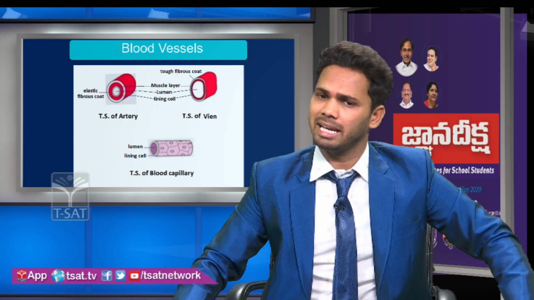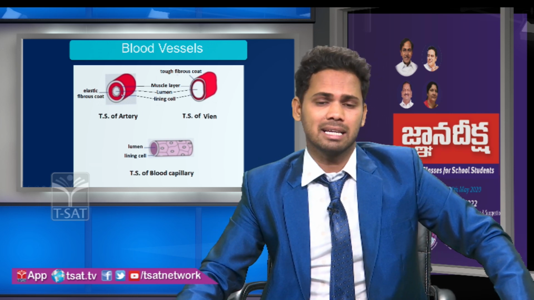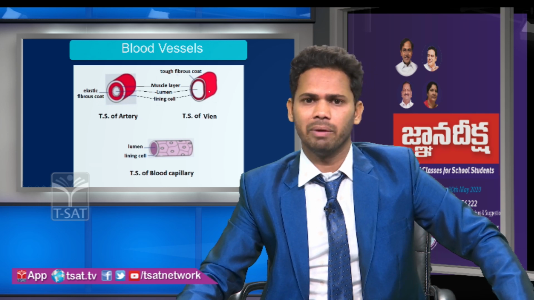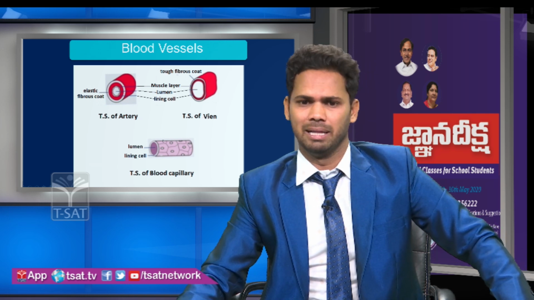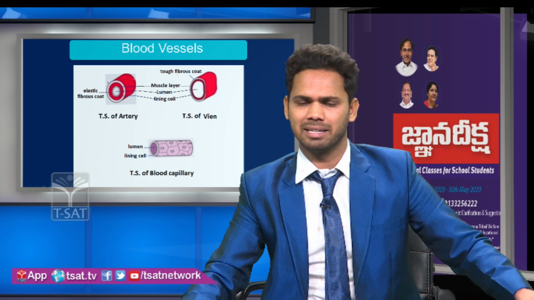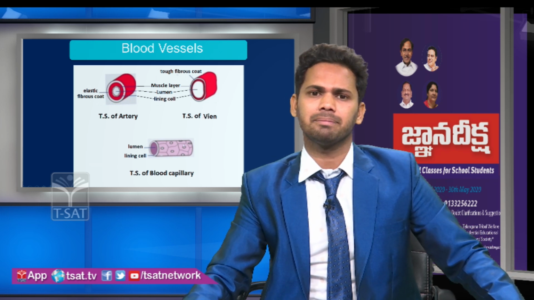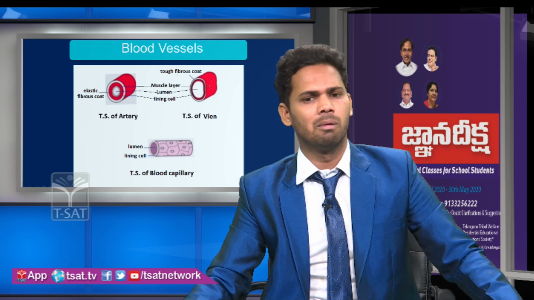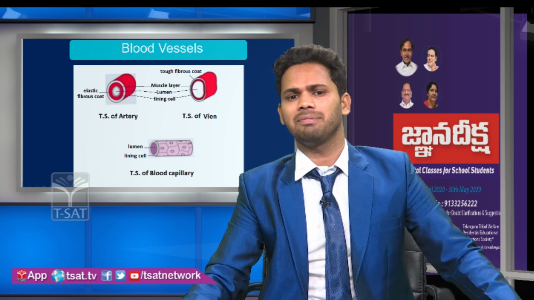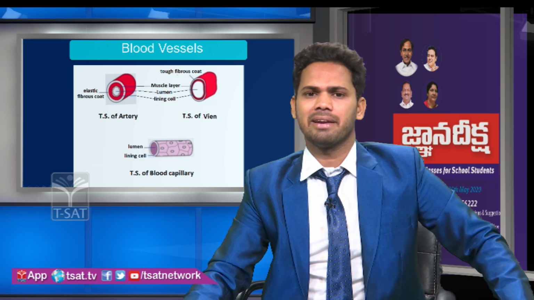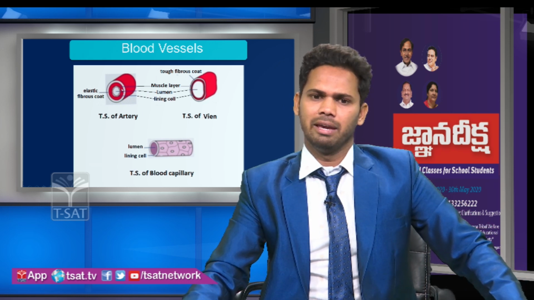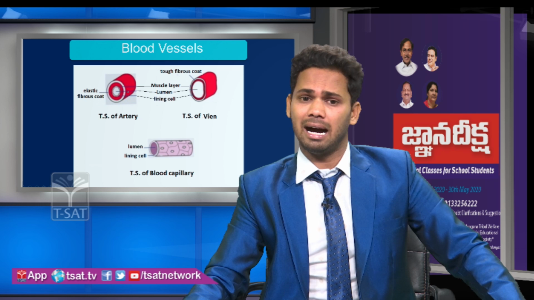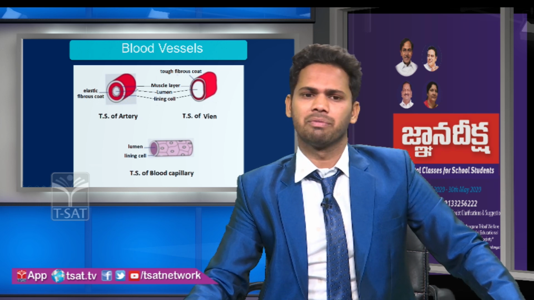The major blood vessels in our body: one is artery, second is vein, third is capillary. Actually two are major, but capillary is a connecting blood vessel of artery and vein. So TS of artery, TS in the sense transverse section. If you see this artery, how would it be?